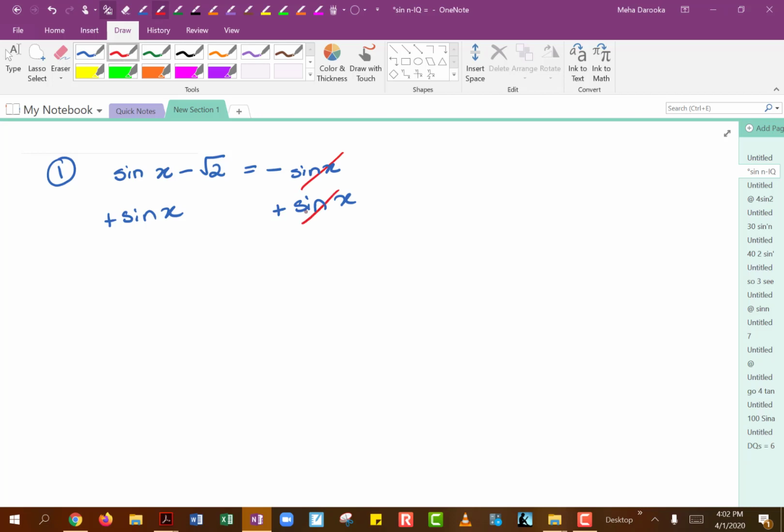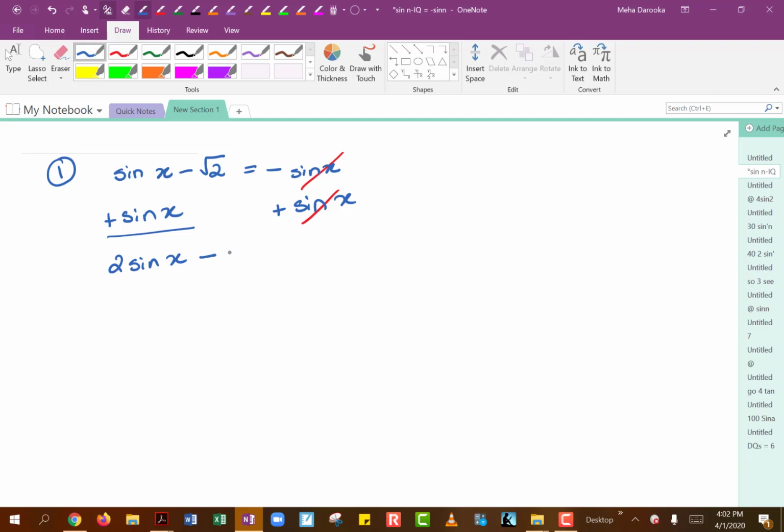So these guys will cancel out. You can go ahead and add these two sine of x functions. So that's sine plus sine, which will be 2 sine of x. I have my minus square root of 2, and then for now we have a 0 on the right hand side.